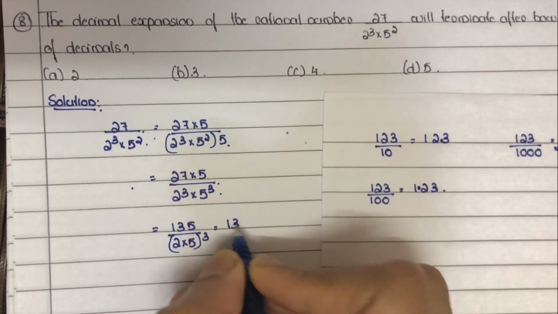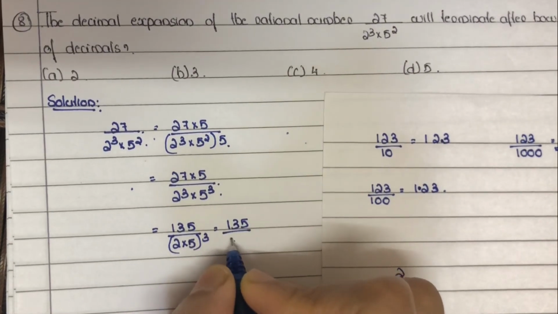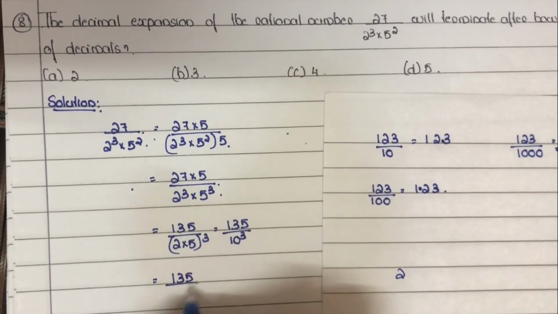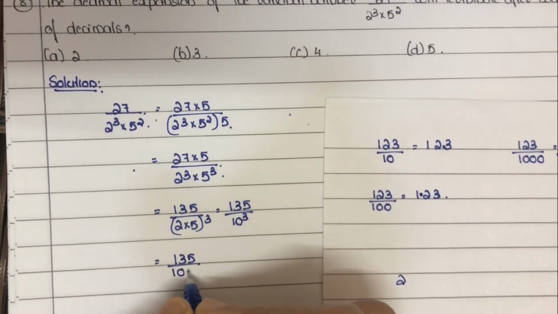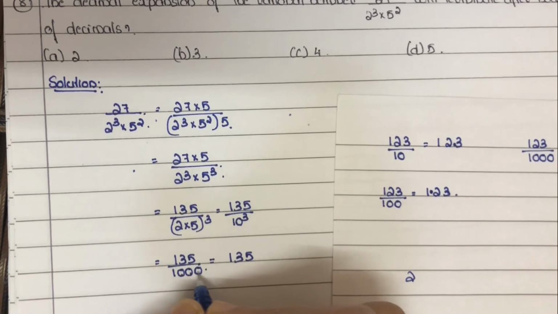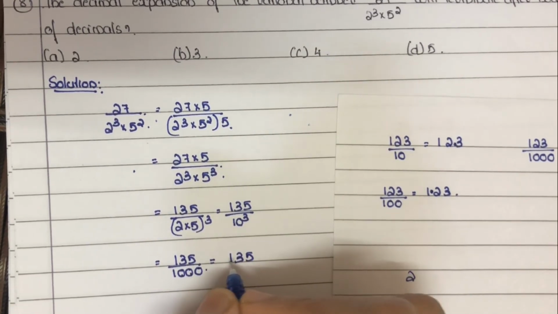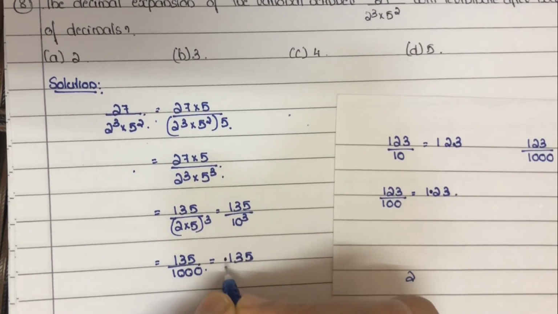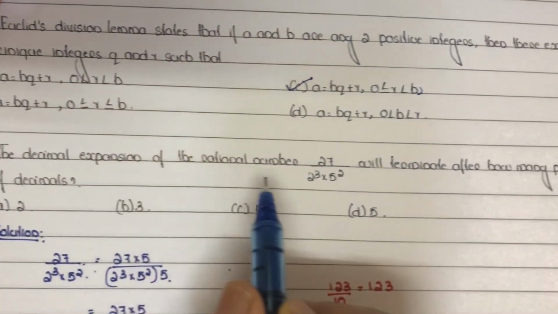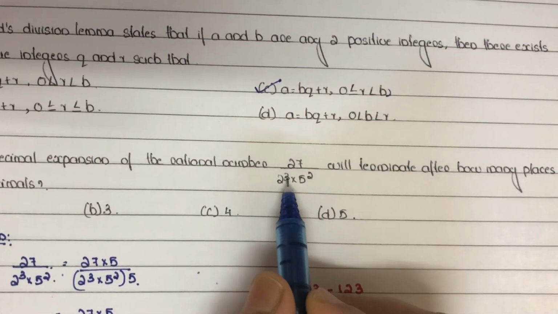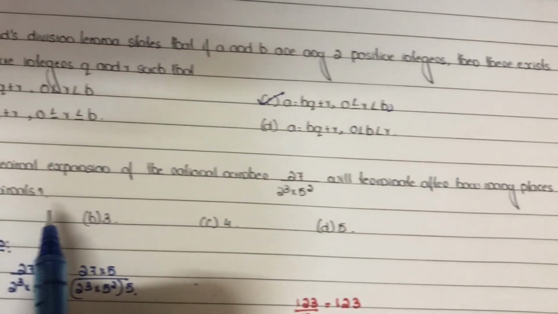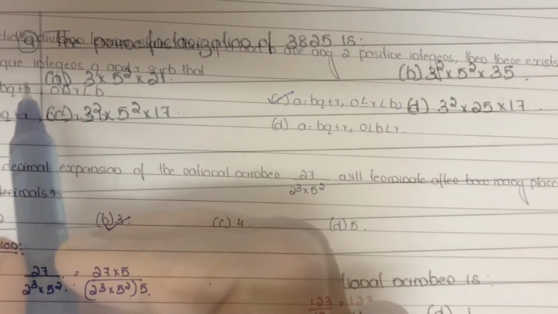That is 135 by 10 raised to 3, that is 135 by 1000. 3 zeros, so 3 digits after the point. The answer is 0.135. So the decimal expansion of the rational number 27 by 2 raised to 3 into 5 raised to 2 will terminate after 3 decimal places. Answer is option B.